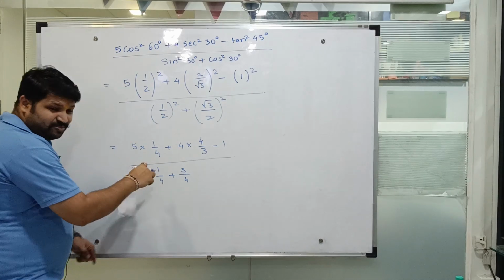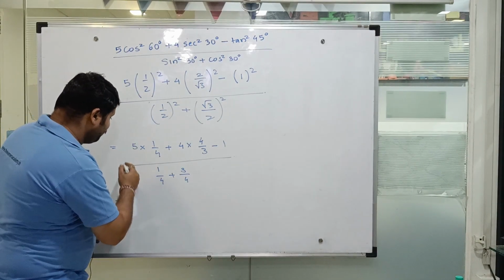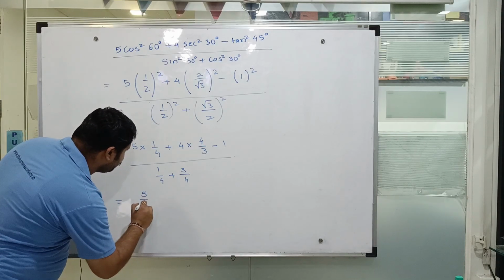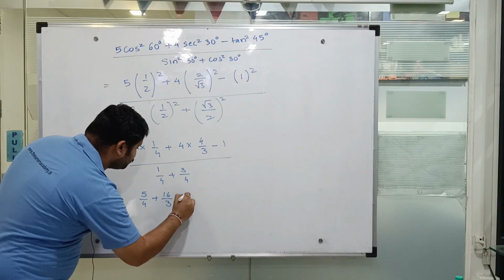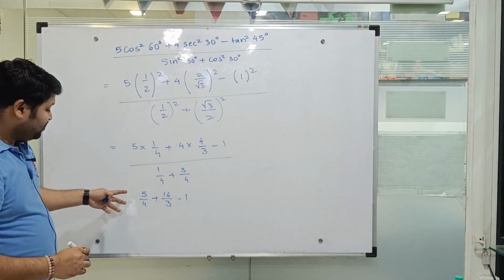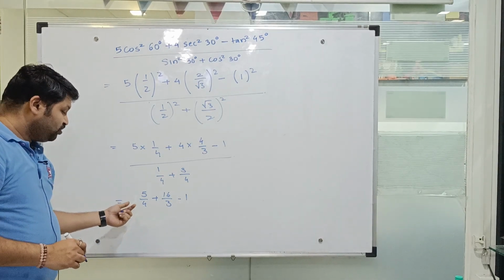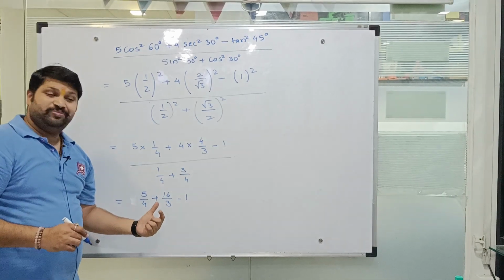Now the denominator becomes 1, so we can just skip writing it, and we will get 5/4 + 16/3 − 1. Since the denominators need to be the same, the LCM for 4, 3 and 1 would be 12.